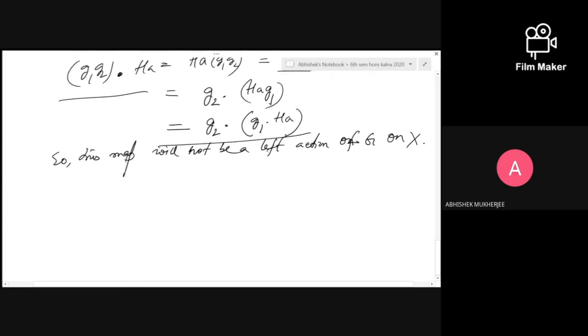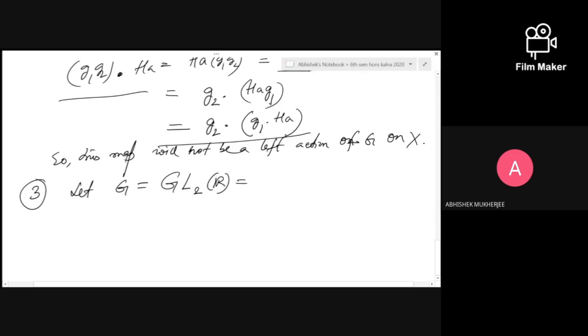Now let us recall the example that we have written down at the beginning, number 3. Let us consider the group G is GL2R. What is GL2R?